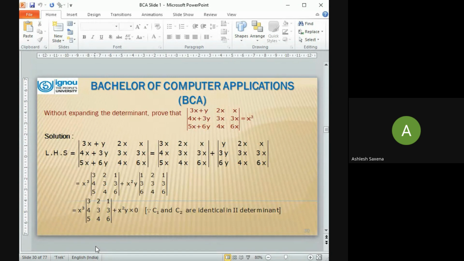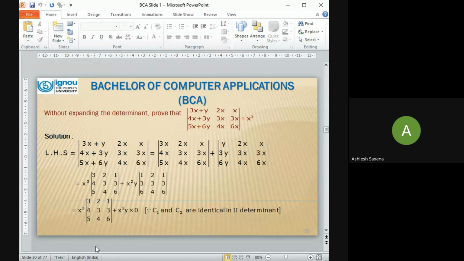You will say that, okay, we can do one thing. I will ask you what you can do. You will say that we can take x common from column 1 and column 2. Then you will see that it will be 2, 3, 4, 1, 3, 6. Still, the problem is not solved.